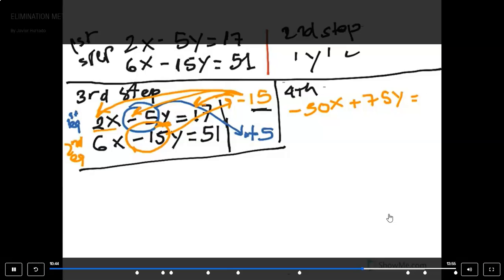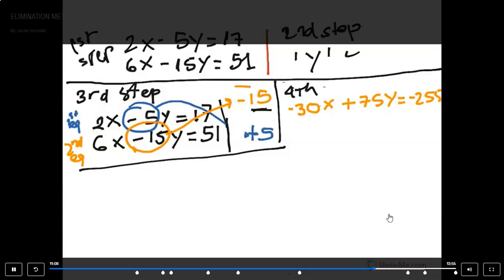And I'm going to do it here, multiplying negative 15 by 17, which is positive, is going to give me negative 255.